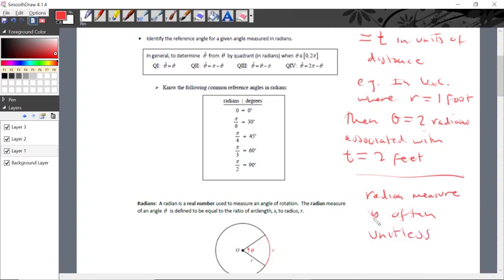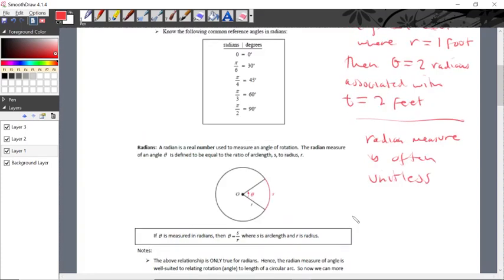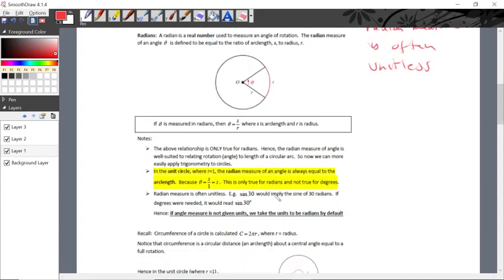So when we say that an angle is equal to a number, but don't indicate what unit that angle is being measured in, then we assume that it was measured in radians. So when we read an expression like the sine of 30, we assume that the 30 means 30 radians. We do not assume it means degrees. We assume automatically it must mean radians because we weren't told whether it was radians or degrees.